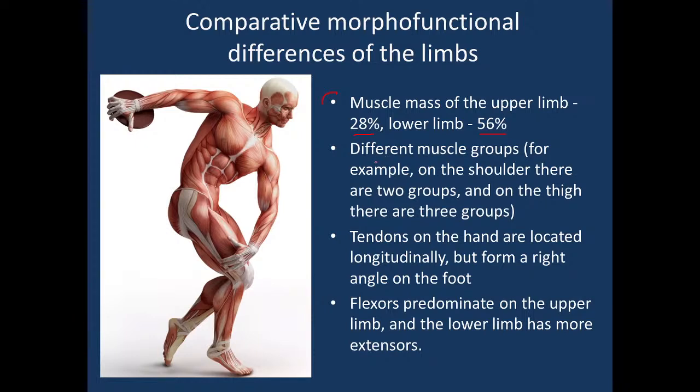The different muscle groups in the homologous segments, I mean shoulder and thigh, and of course in thigh we see three groups of muscles, but in shoulder, as you know, we have only two groups.